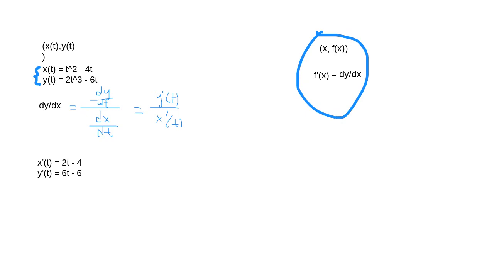Then dy/dt, what do we have? Y prime, oh, 6t squared. You're exactly right. 6t squared, thank you. 6t squared minus 6 divided by 2t minus 4.